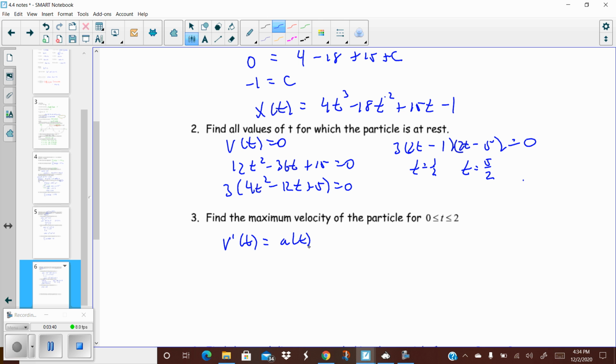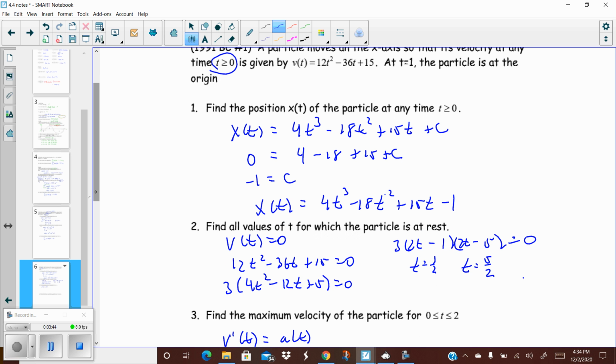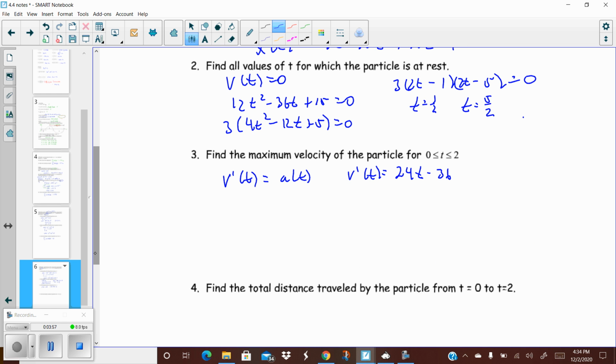So v prime of t is going to be 24t minus 36. We need to find the critical values, so we'll set that equal to 0. Adding 36 and dividing by 24 gives us 36 over 24, which reduces to 3 over 2.